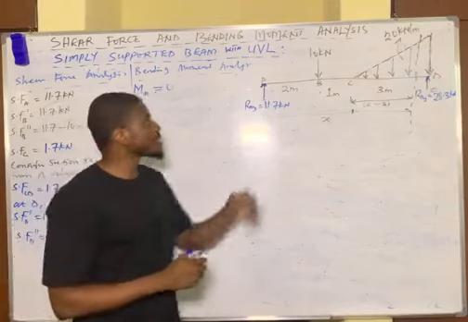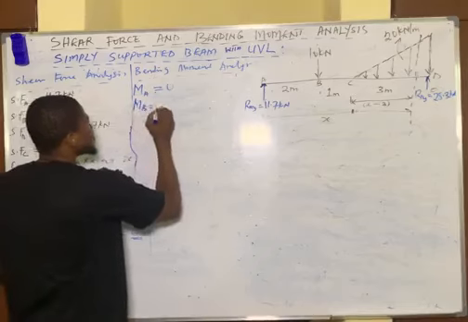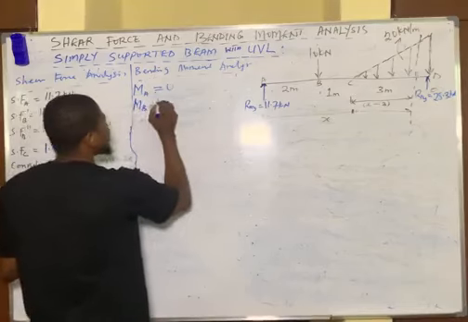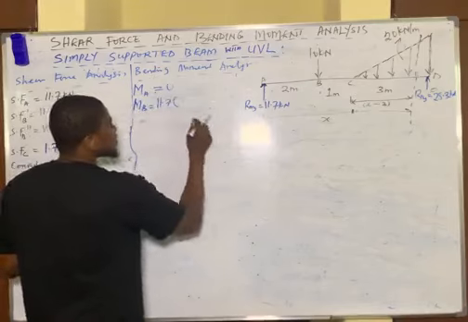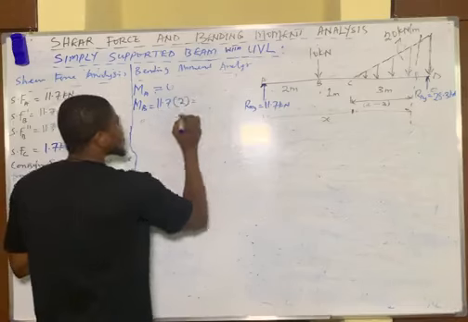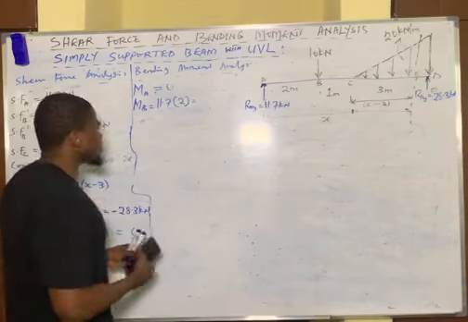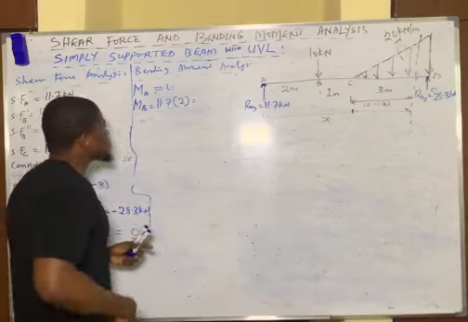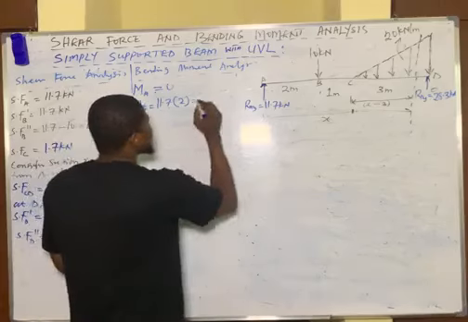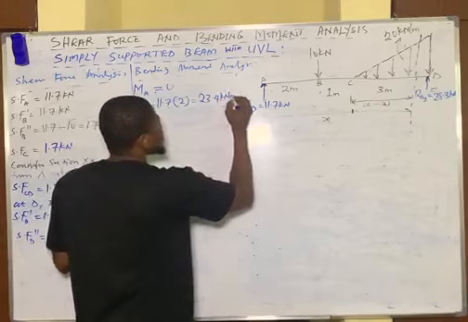Okay, so we are now at point B. Moment of force at point B becomes the moment of this force 11.7. Total distance it takes this force to get to point B is 2 meters. So we obtain 11.7 multiplied by 2. That gives us 23.4 kilonewtons meter.